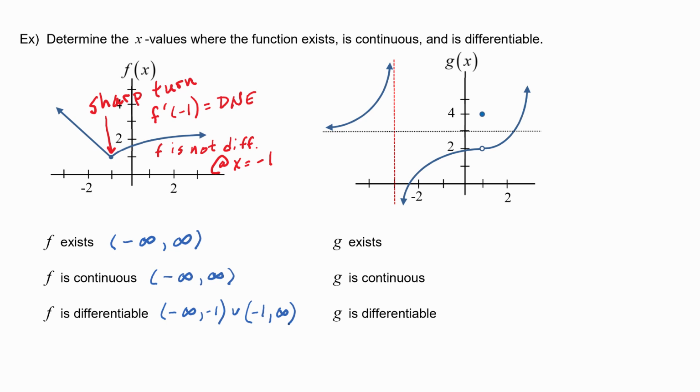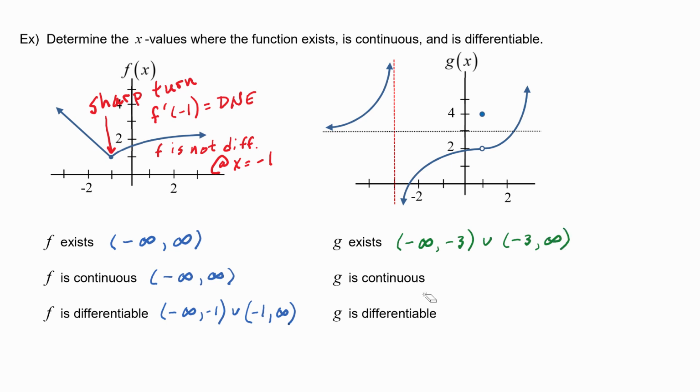And that happens everywhere on this graph except right here at this vertical asymptote, which is at x equals -3. So then g exists from negative infinity up to -3 union -3 to infinity.